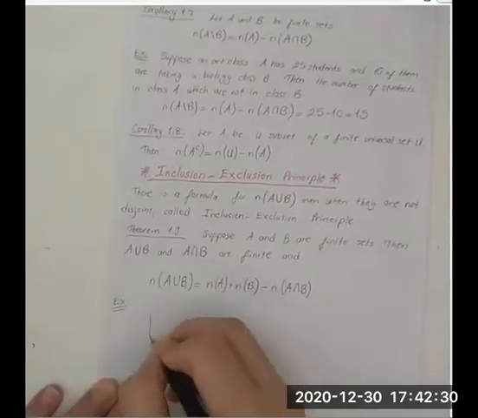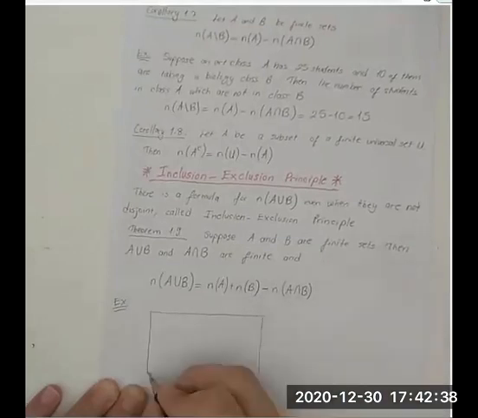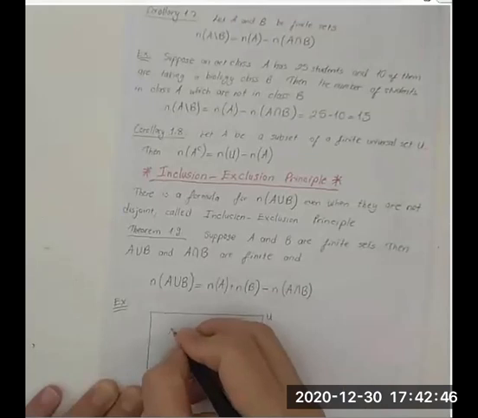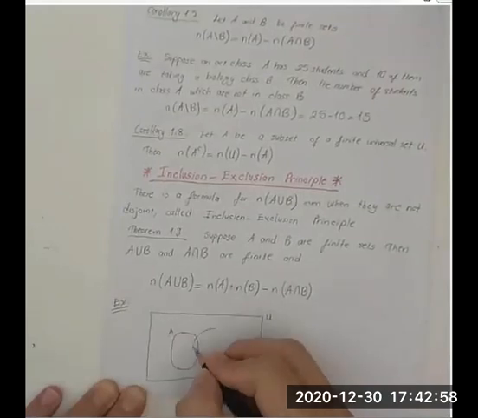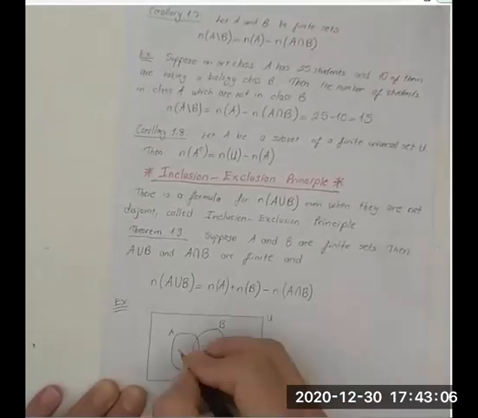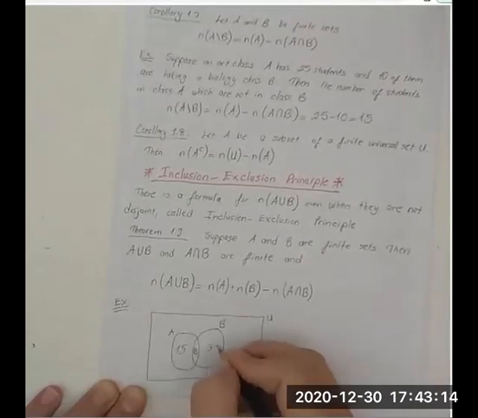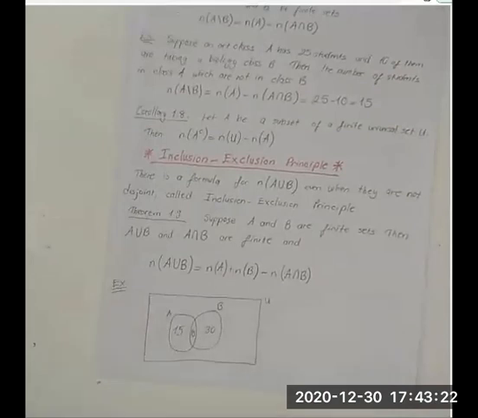We have a university student set U, and there are two classes, A and B. Class A is discrete math, and class B is programming. Here are 15 students, here are 10 students, and here are 30 students. You can see it from that diagram.